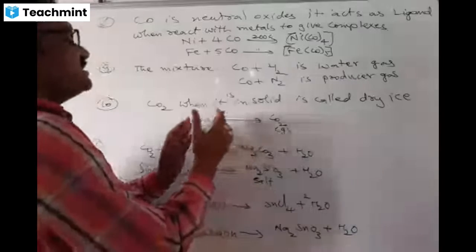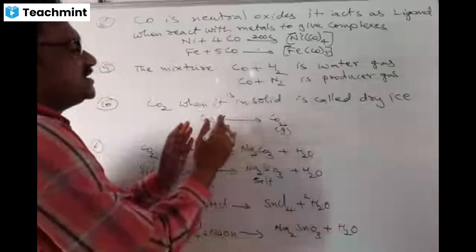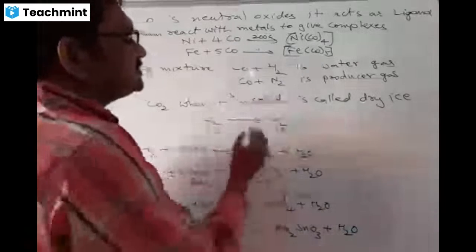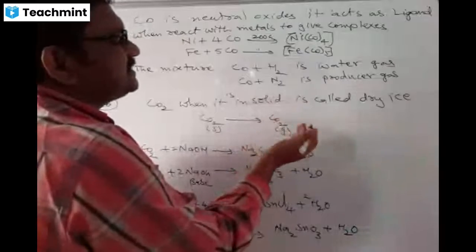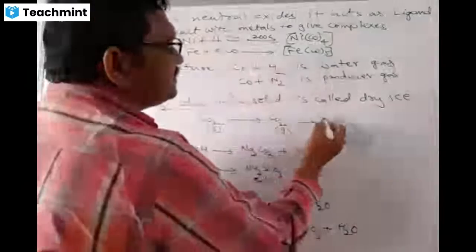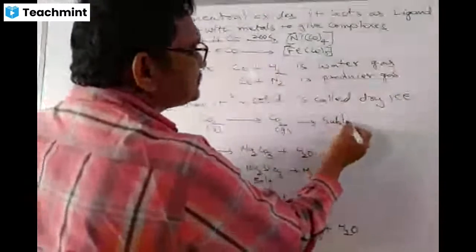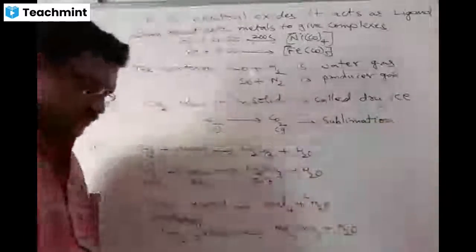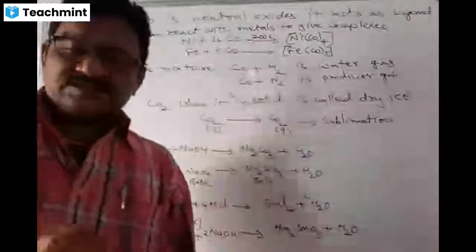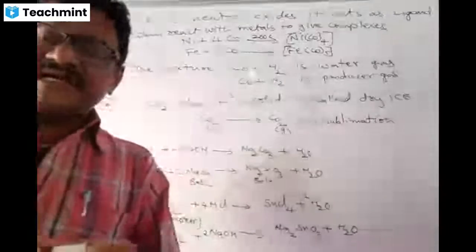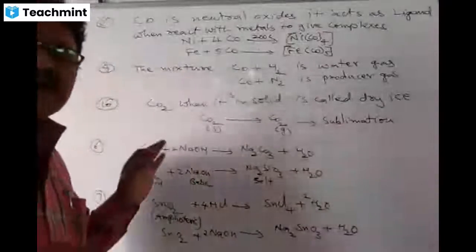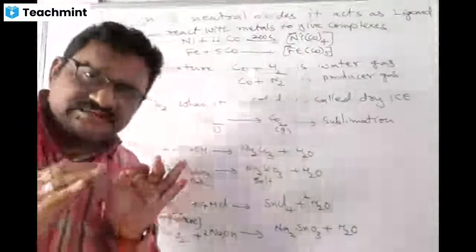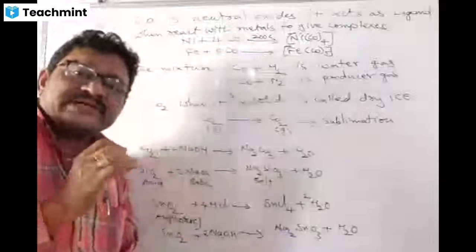This process of conversion of dry ice into carbon dioxide gas is called sublimation. You have to remember. So this is enough information about the oxides of the fourth group.